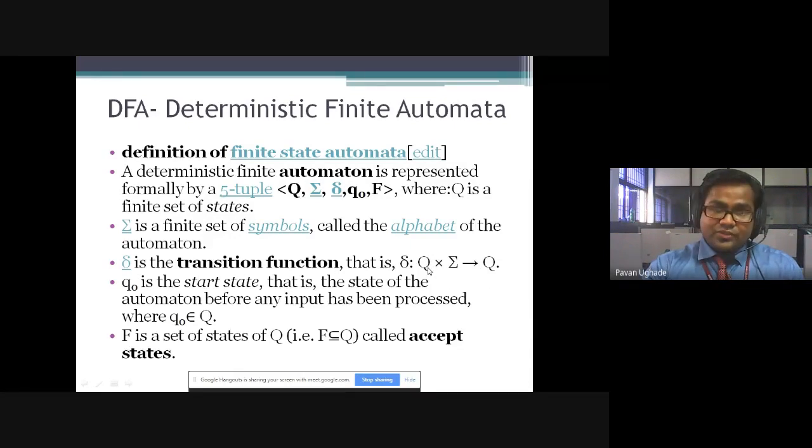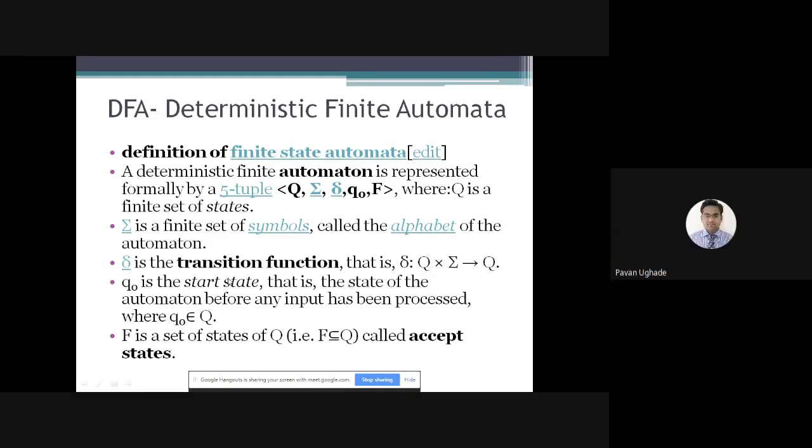A state over alphabet gives maybe some other state or the same state, right? So Q0 is the start state, and Q0 belongs to the set of states. In the same way, F is a final state, and it also belongs to Q, which is a set of states. It is also called accept states.